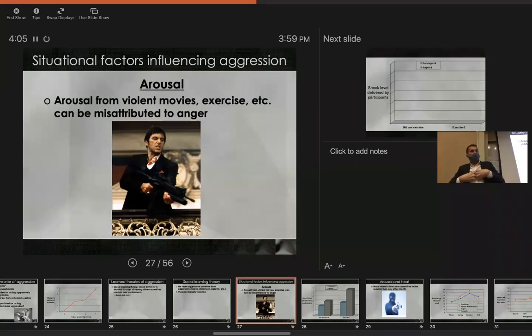We might interpret that as meaning that we're really angry at this person. And if we're really angry at them, we're more likely to retaliate against them.